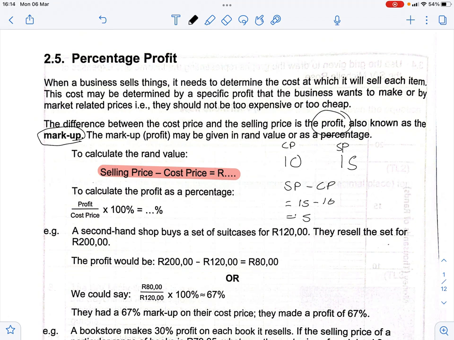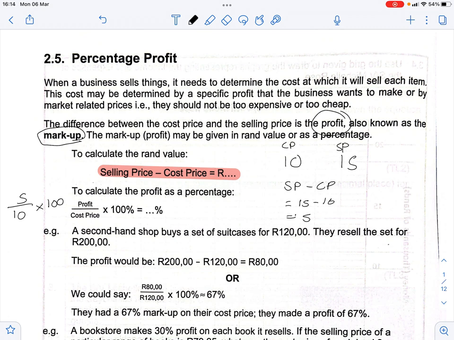Okay. Obviously, if you want to calculate your profit as a percentage, you're going to take your profit, which in this instance is 5 Rand, divided by your cost price, which our cost here is 10, and we would multiply it by 100 to get it into a percentage.